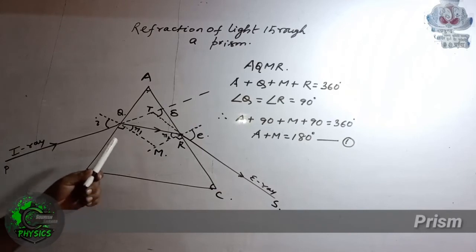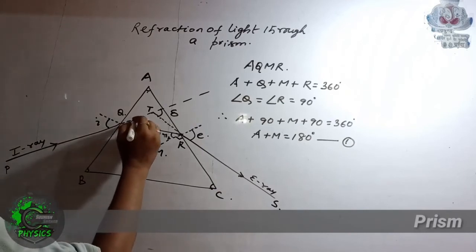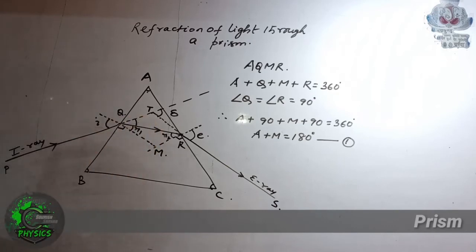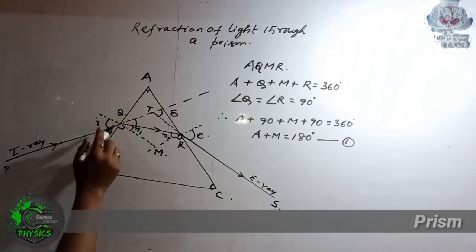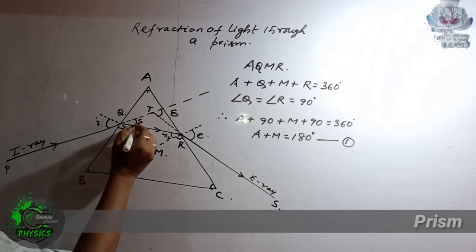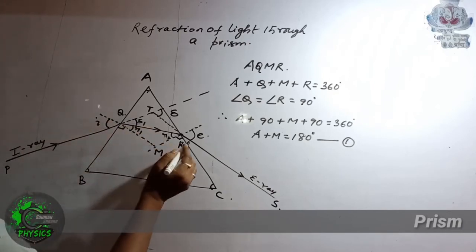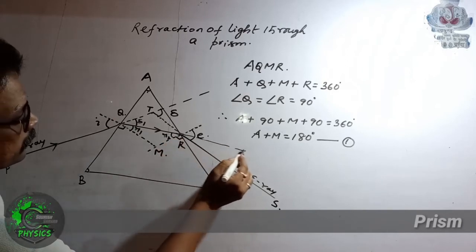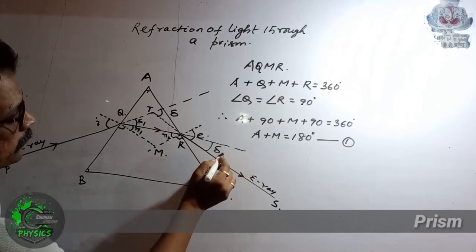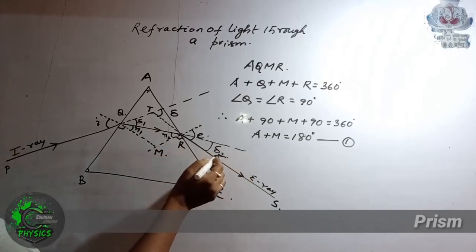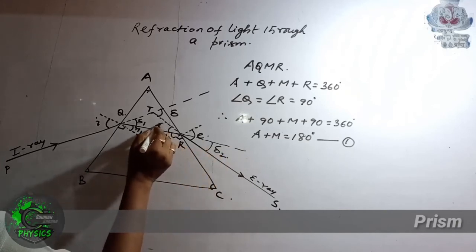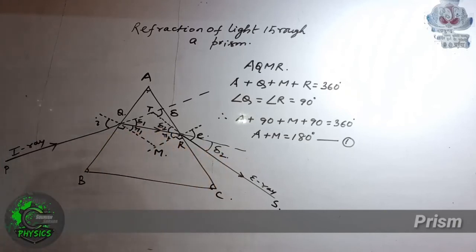Now let us consider this angle. What is this angle? This is the first angle of deviation, delta 1. And if you consider this angle, this is the second angle of deviation, through the second surface, this is delta 2.